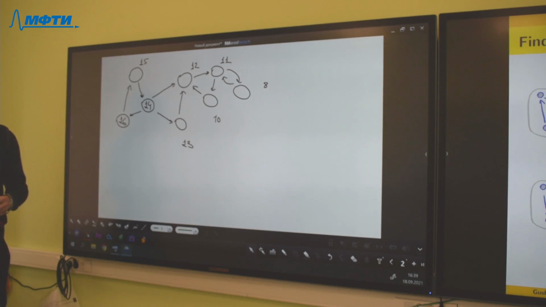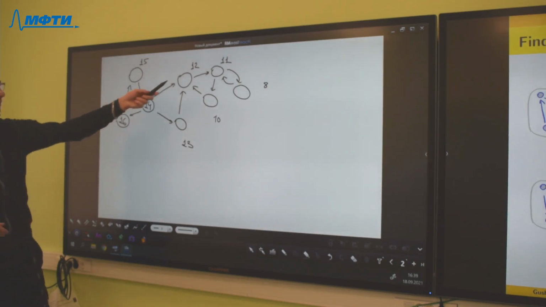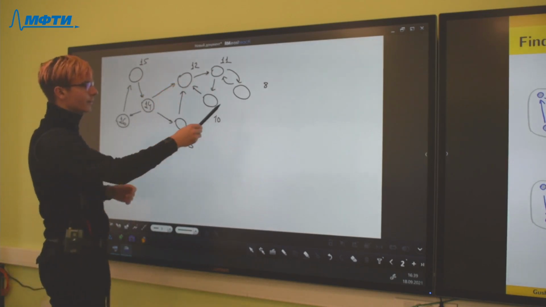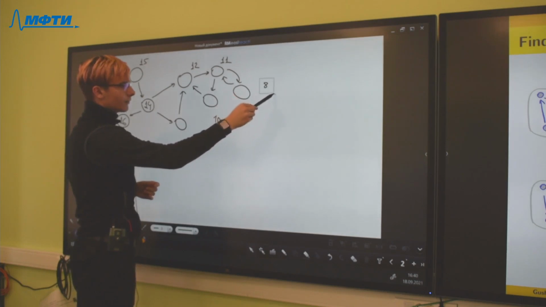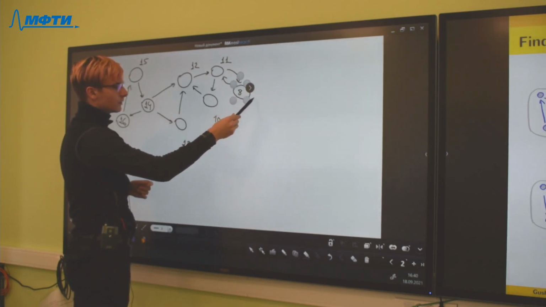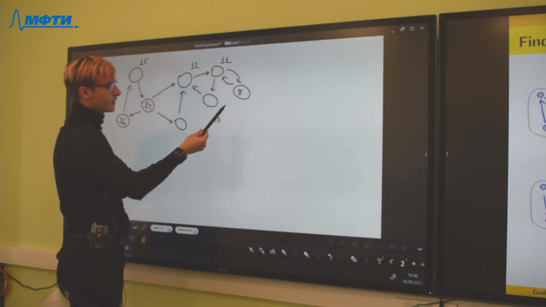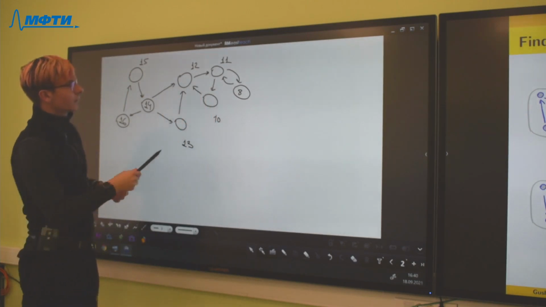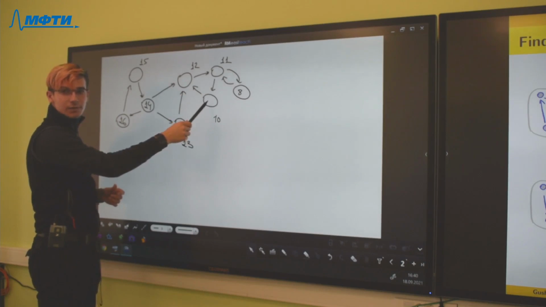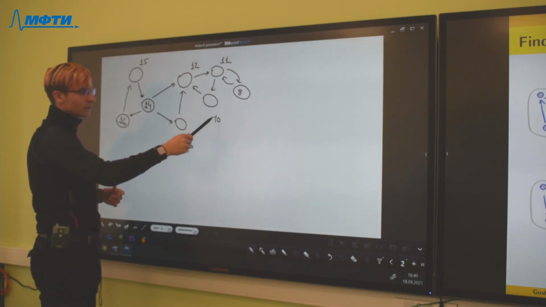Understandable? Okay, how did we get 11? When we finish with this vertex, it was number 8. Then I go back in the picture and go to this one, open and finish it.